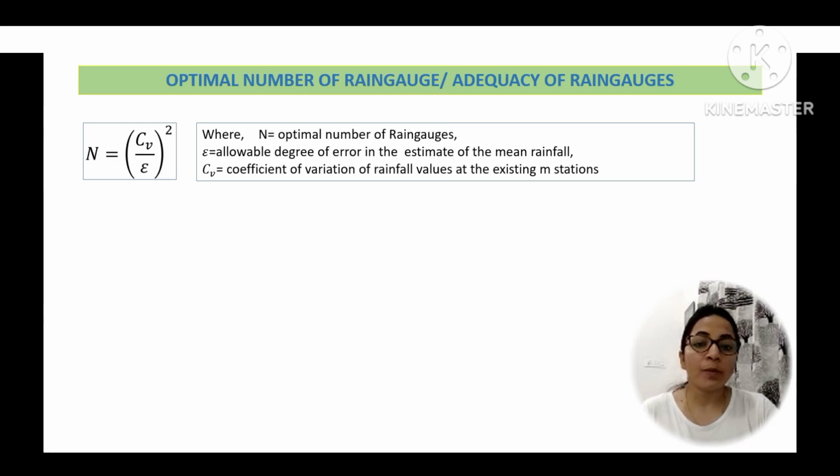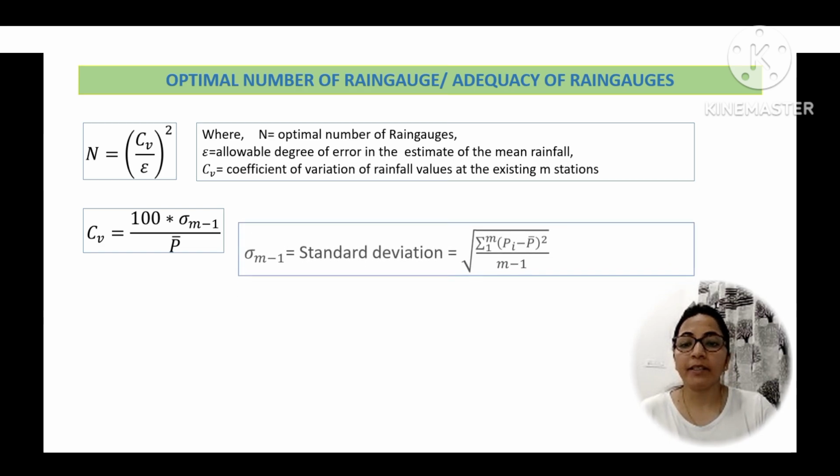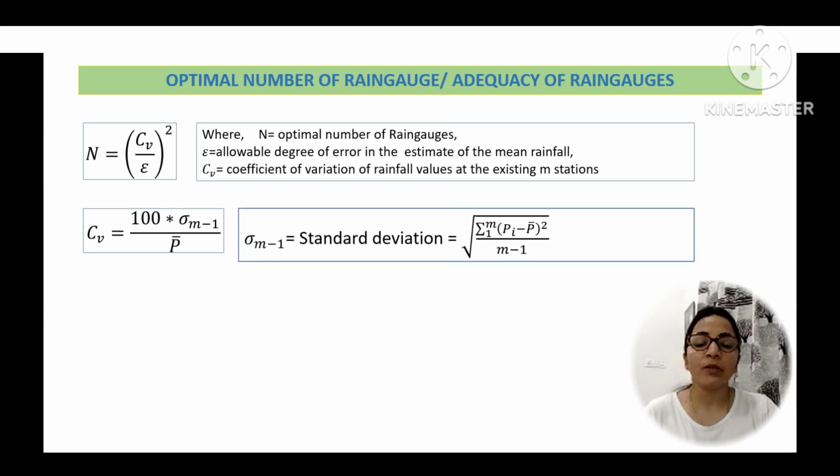N is the optimal number of rain gauges required for the particular area. The coefficient of variation can be determined by the formula: coefficient of variation equals 100 times standard deviation divided by mean rainfall. And standard deviation can be calculated by the formula.